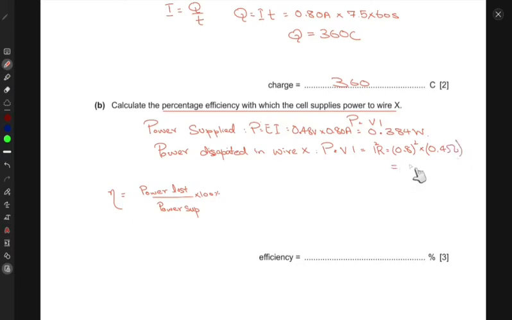So the power that is lost in the wire is 0.256 watts. The efficiency would then be 0.256 divided by 0.384 into 100%, which gives an efficiency of about 66.7%.